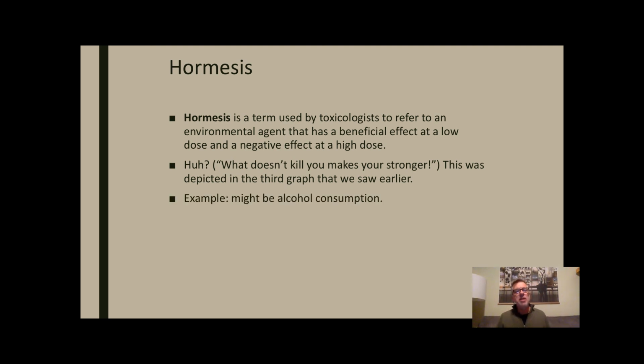An example might be the often cited studies about alcohol consumption, where people who have 1 to about 2 drinks a day seem to have certain health effects that are better than people who don't drink. That's controversial, by the way, as a result, but many people stand by those scientific studies that show it. And hormesis in general is a controversial hypothesis.